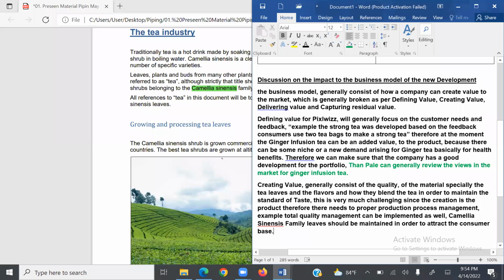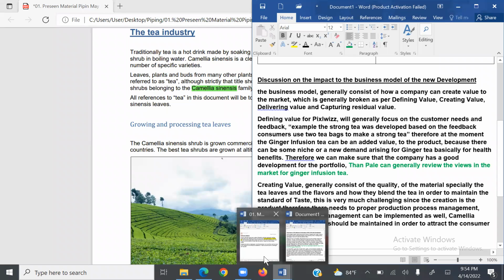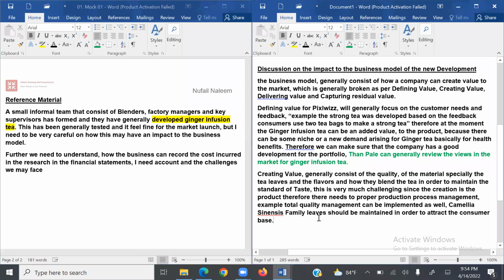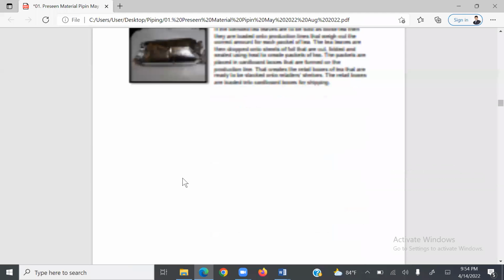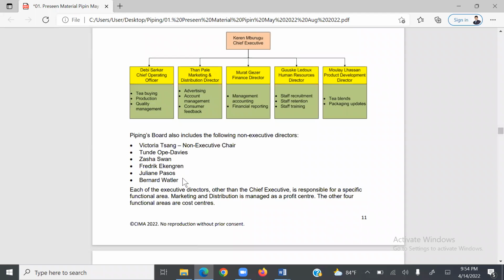There can be alternative tea leaves as well, but if they go for alternative tea leaves, that can be a very difficult challenge for the business. So be very sure and certain that your point of view is towards this. One thing I can say is DEBI, so quality management.